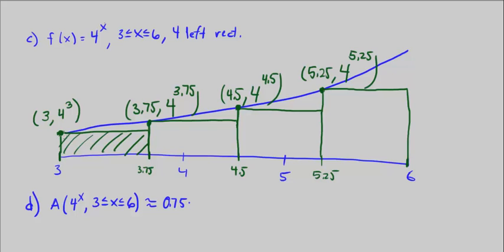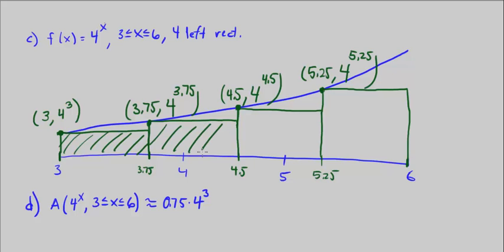times the height. We know the height of this rectangle is when we plug into our function f of x, x equal to 3. So it's 4 to the third power. That is the area of this rectangle.